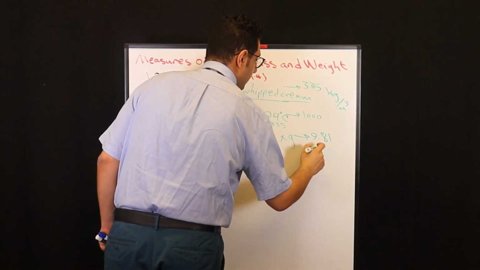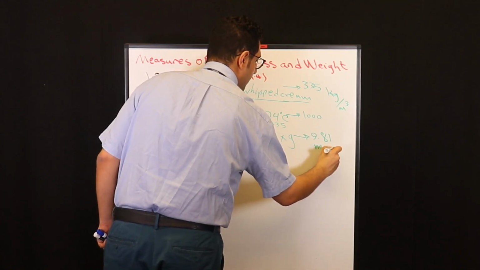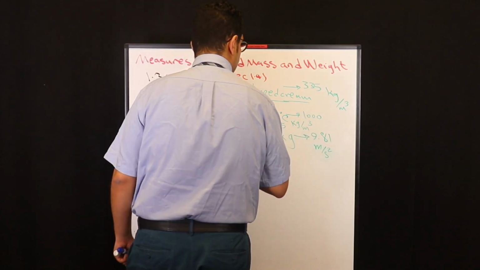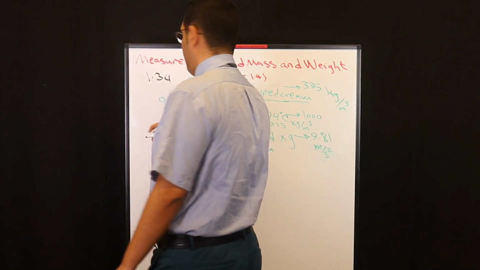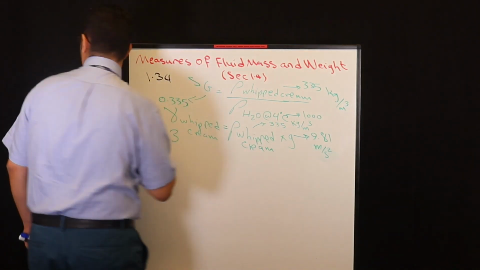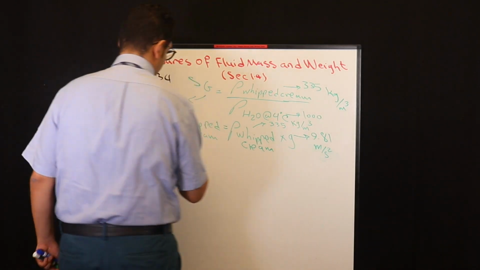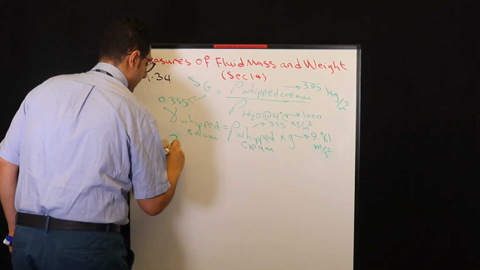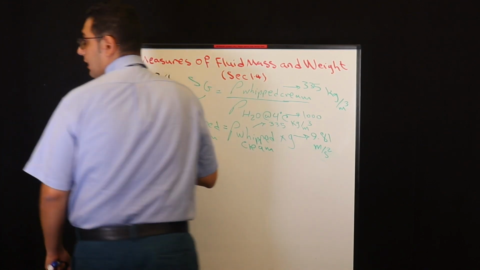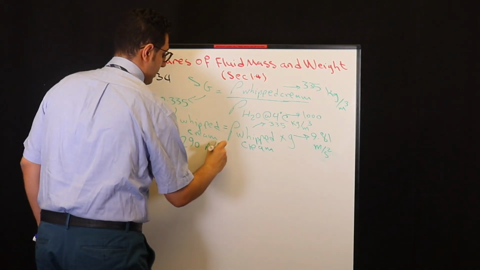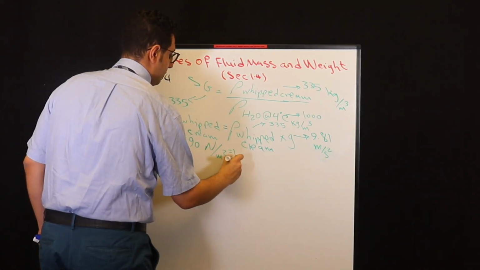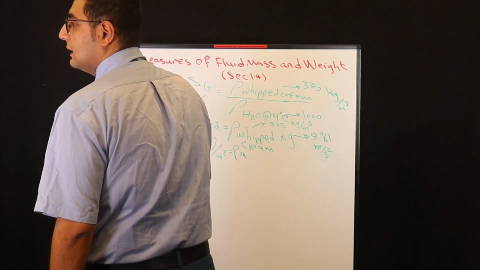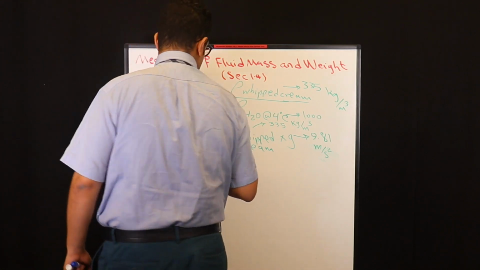And this is kilogram per cubic meter, which we have 3,290 Newton per square meter, which is equal to Pascal.